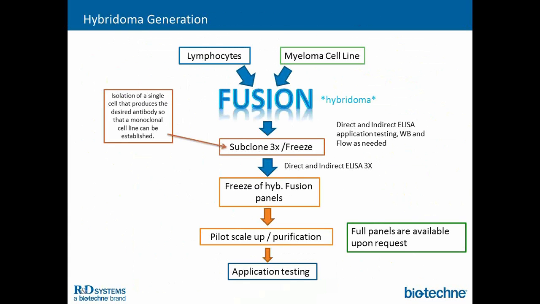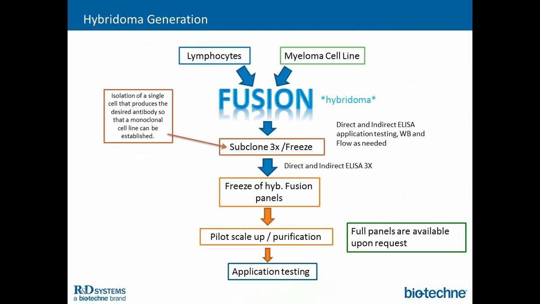So let me go very briefly over our hybridoma generation process. I'm not going to go into the details, as most of you are probably aware of how a hybridoma is generated. So we're fusing lymphocytes to myeloma cell lines, we're subcloning them to make sure we get to a monoclonal stage, and that's when we're starting to actually do testing.